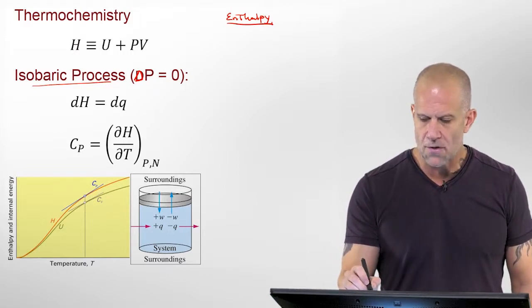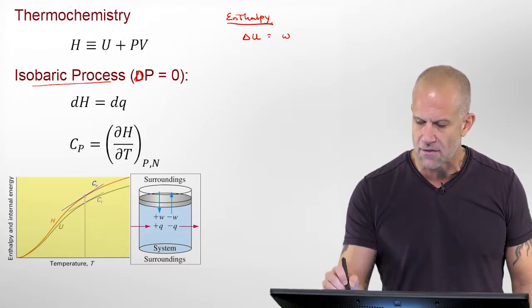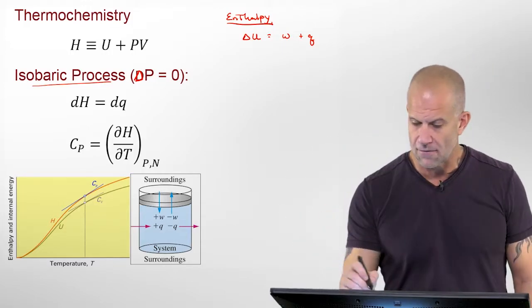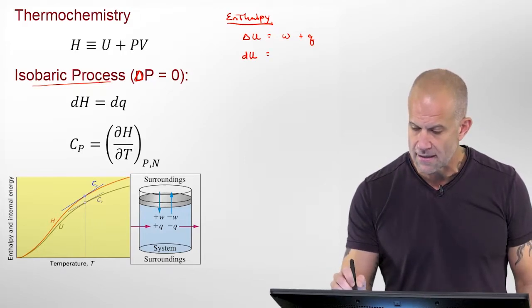Whether you're looking at it in general terms, it's the change in the work and the heat. Like I said, we're going to look at this at more of a calculus level. So I would say that the change in internal energy is the change in heat plus the change in work.